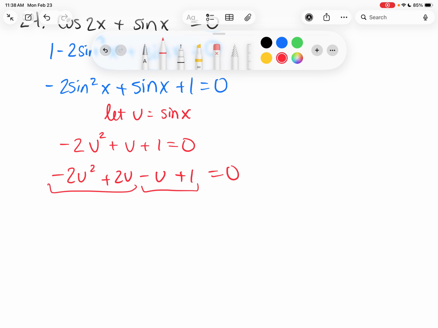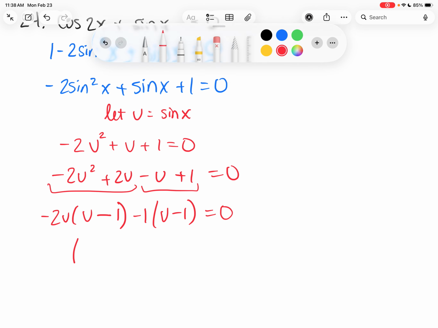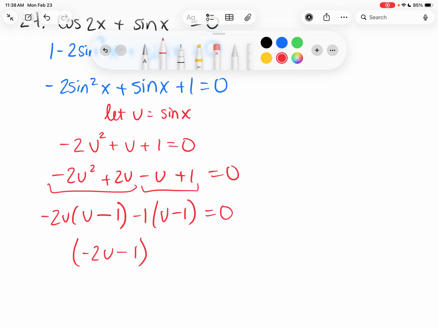So this would be, I'm going to take out a negative 2u. So then I'm left with u plus 1, or sorry, minus 1. And then I'm going to take out a negative 1 over here, so I have u minus 1. So I've got negative 2u minus 1 times u minus 1 equals 0.